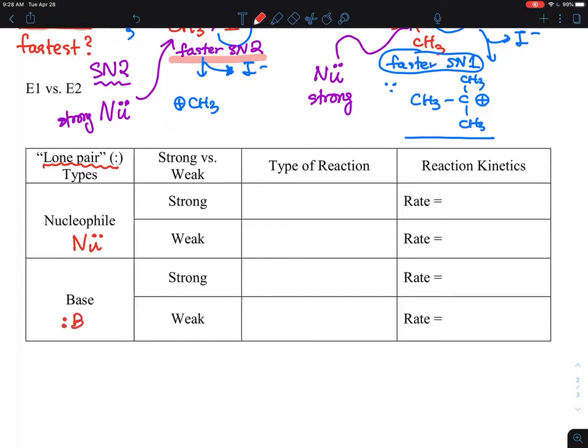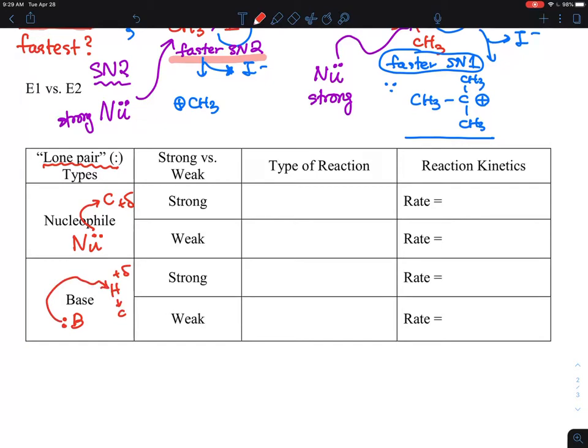Those are the ones looking for something that is a positive carbon, trying to make a bond with that carbon. And this one is essentially hydrogen, which you can call delta plus because electrons are being stripped away, and the base is trying to make a bond with the hydrogen over there.